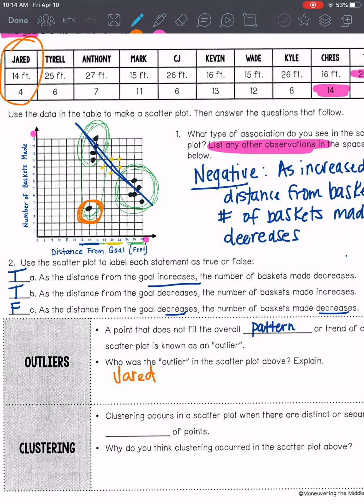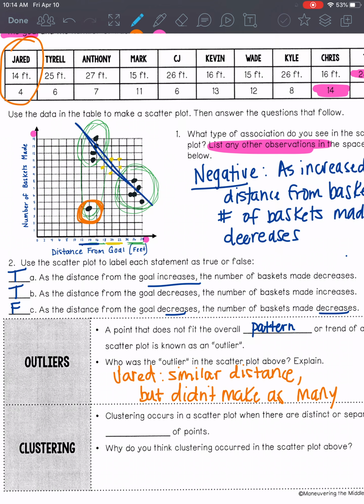He stood a similar distance as his teammates, but didn't make as many. And I apologize, I'm not used to writing on the iPad, so it's a little challenging, but I think you guys are getting the overall gist of it.